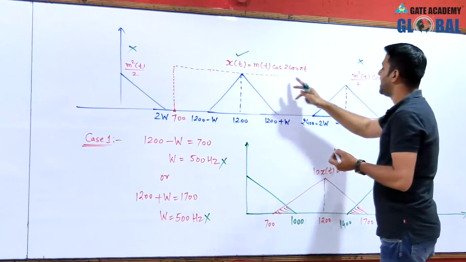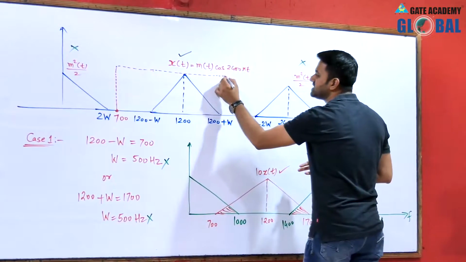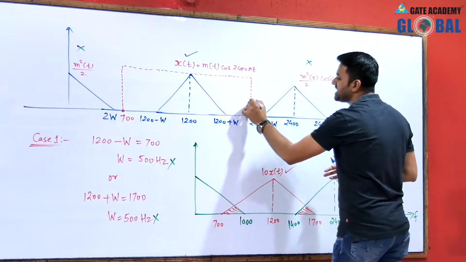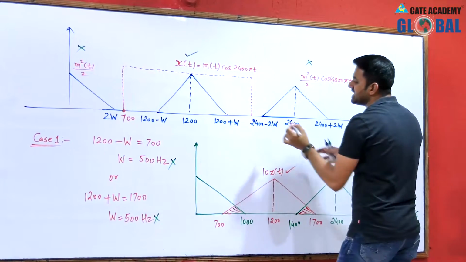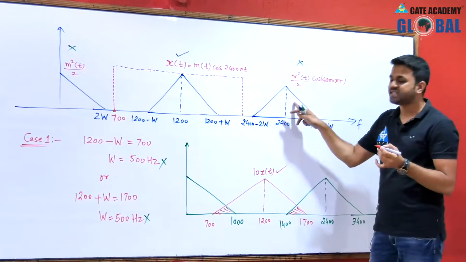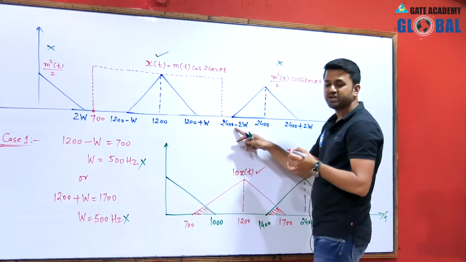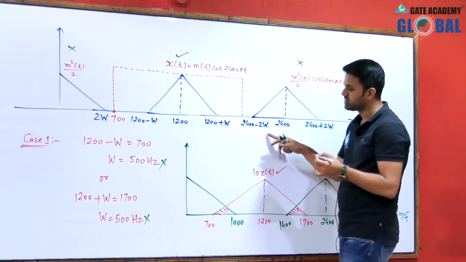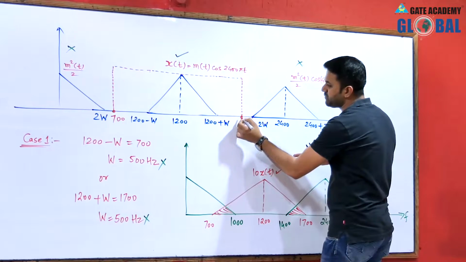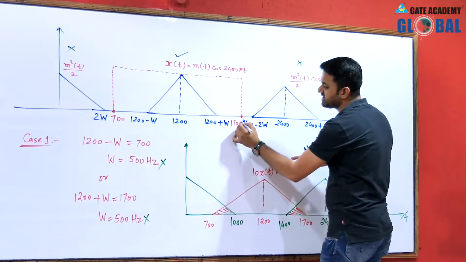And now I am saying that the highest frequency component of the band pass filter should be less than the lowest frequency of this component, and this lowest component is 2400 minus 2W, and this highest component is 1700.